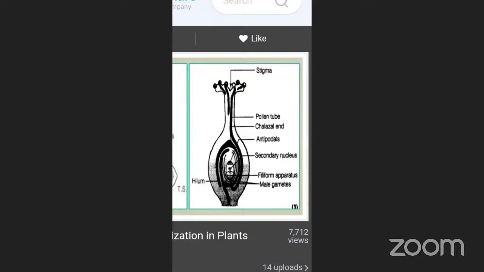So here, the filiform apparatus is used to enter into the synergid.